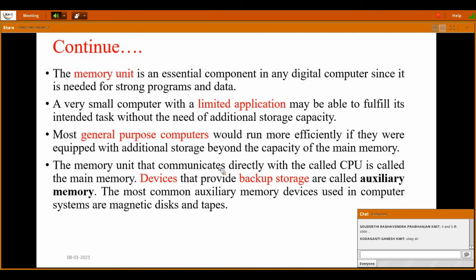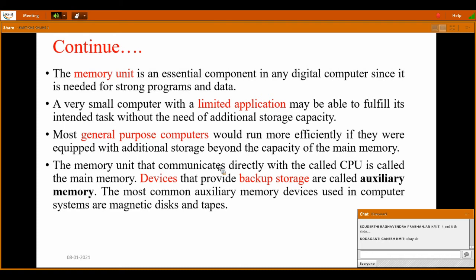The main memory unit is an essential component in any digital computer, since it is needed for storing programs and data. A small computer with limited applications may be able to fulfill its intended task without the need for additional storage capacity.